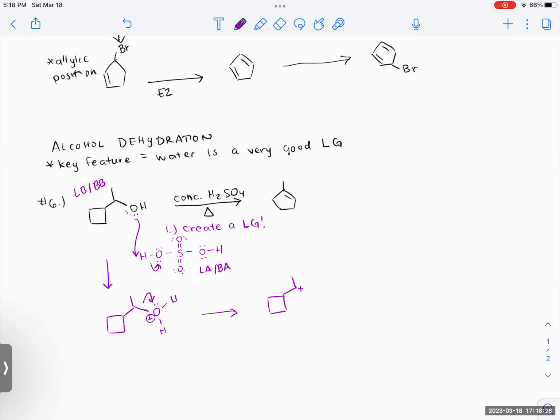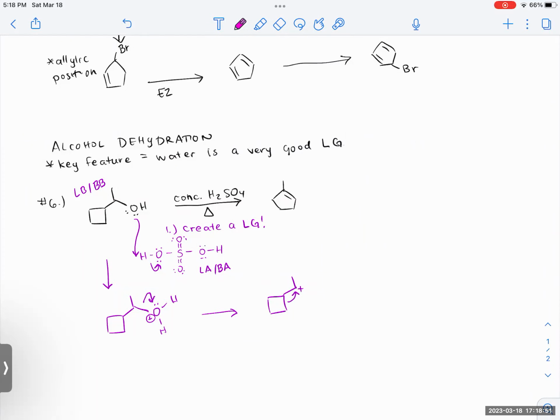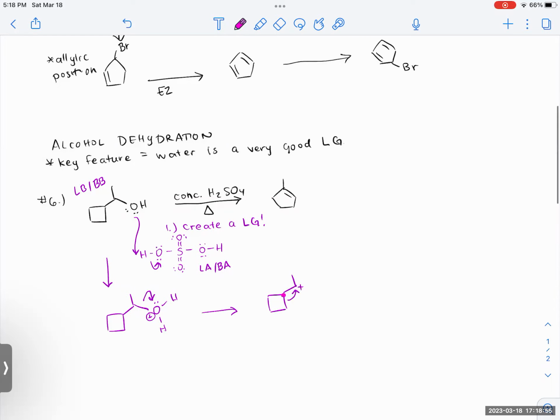In order to create a more stable configuration, we're going to end up having a rearrangement, which ends up being like a methyl shift, because this carbon moves over here. Some people have a little bit of trouble with the visualization of what this looks like. But if you can imagine where it's bonded here, that breaks and just shifts over.